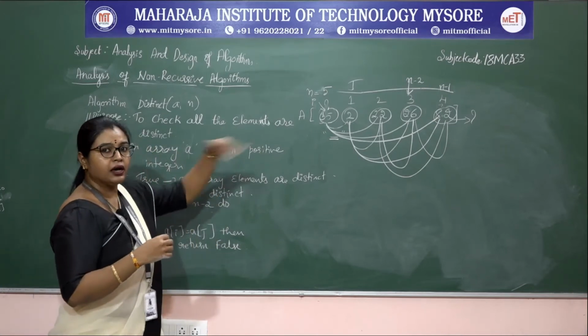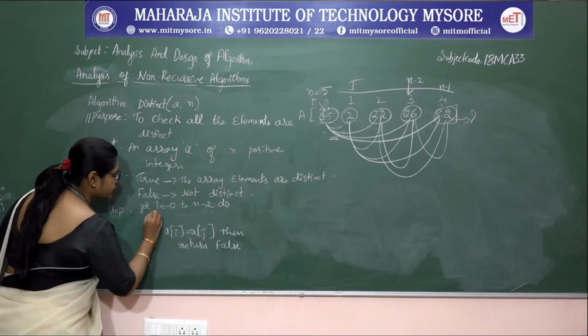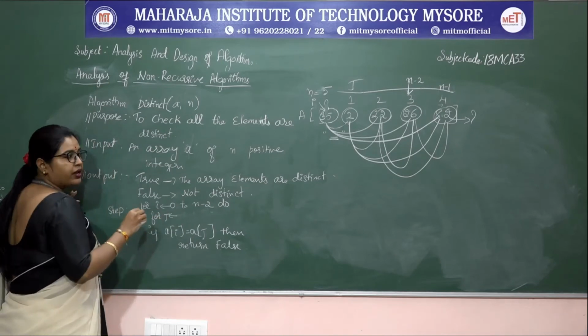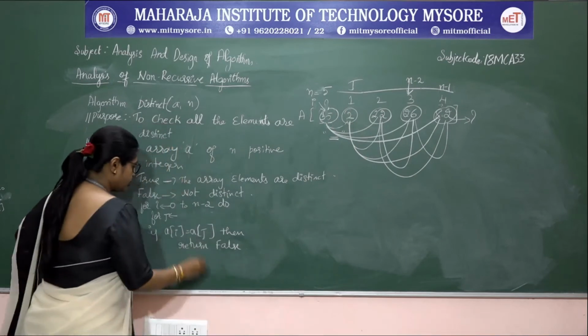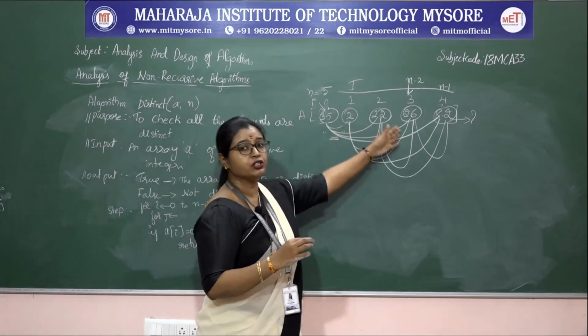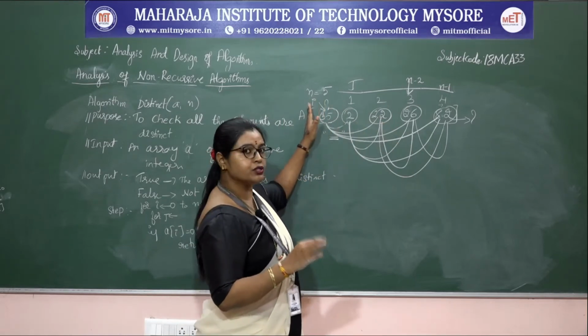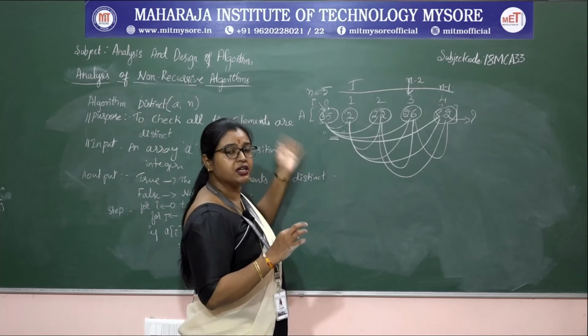Next, we need to do the remaining comparisons. For that, where should j start? Every time your I keeps on changing, no? For the first iteration I is 0, then it is fine, but for the second iteration I will be 1.